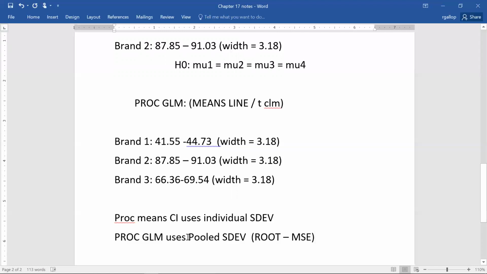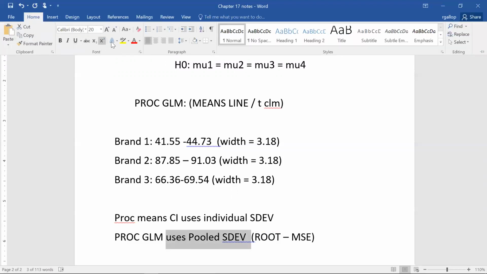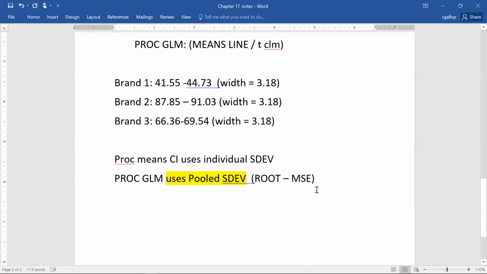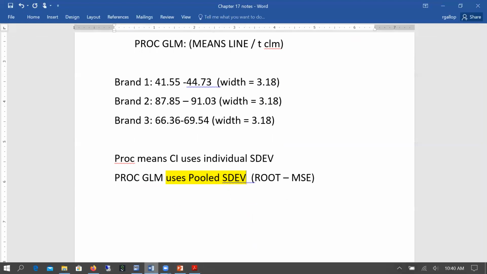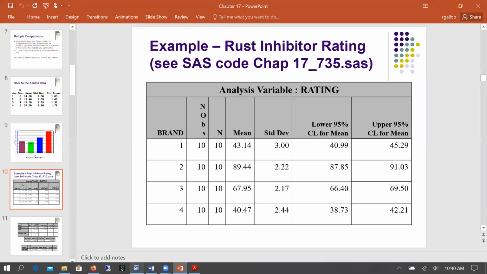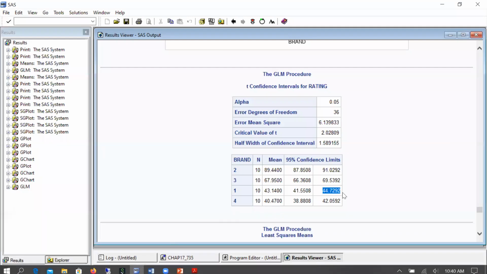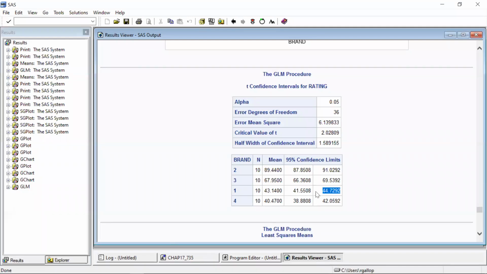Remember, we have no evidence of a violation of HOV. So if we have no evidence of a violation of HOV, we should use the pooled standard deviation. So our best estimate of what's going on should really be using these confidence intervals.